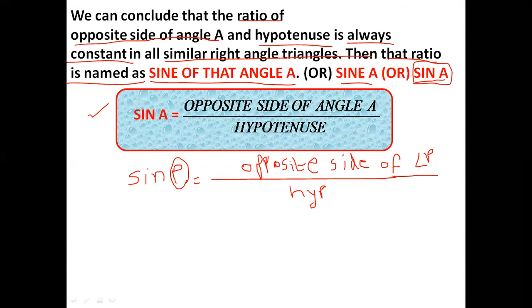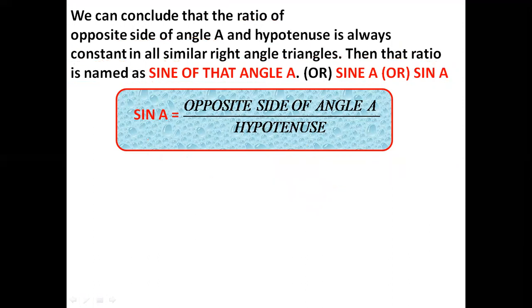That means which side we take as the opposite side depends on the angle. Suppose we take sine Q, then you have to take the side opposite to Q. So this is the formula you have to remember for sine A: the opposite side of angle A by hypotenuse.